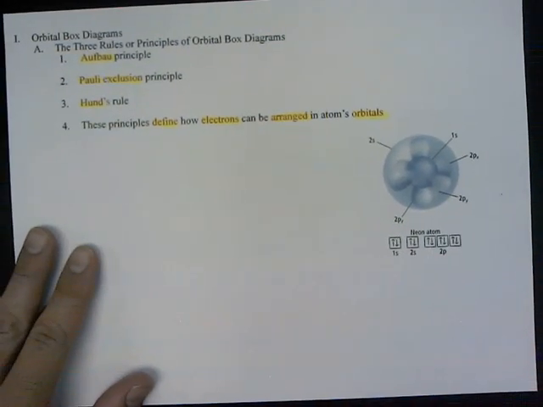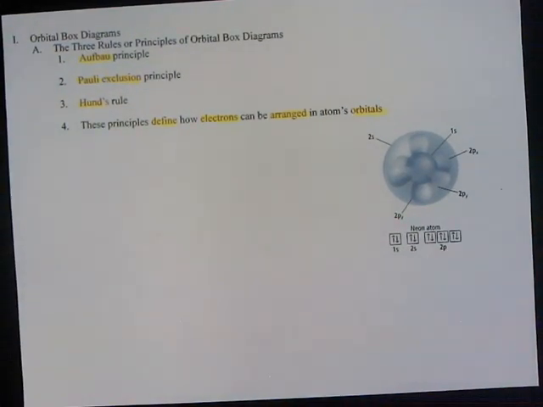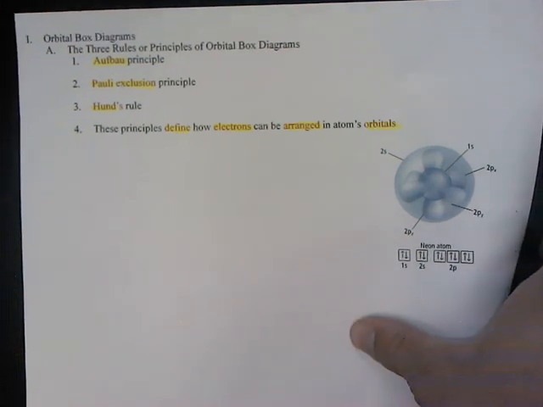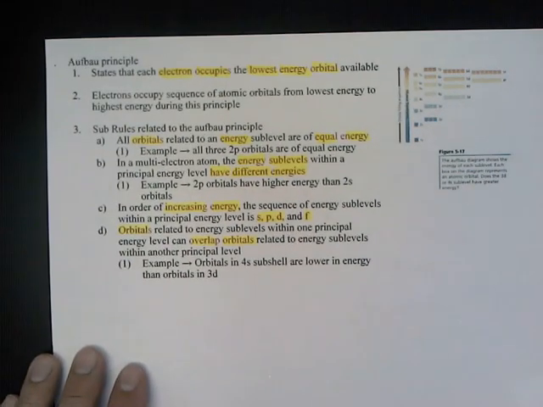So what we need to talk about is orbital box diagrams. In the orbital box diagrams, there are some rules that we must identify and know before we can write these orbital box diagrams. All right, so let's just jump into these rules. I don't need you to know the names, I need you to apply these.